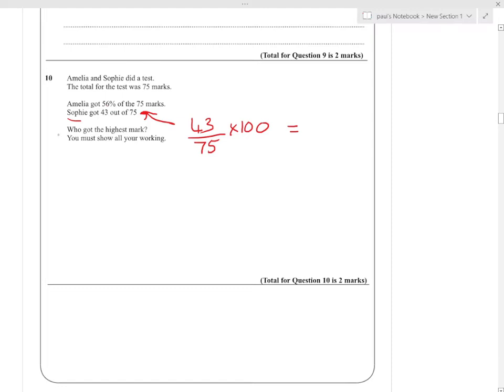So 43 divided by 75 times 100 is 57.3. 57.3% is actually recurring, but it doesn't really matter. So it looks as though Amelia's got a better score. Who got the highest mark? Amelia.